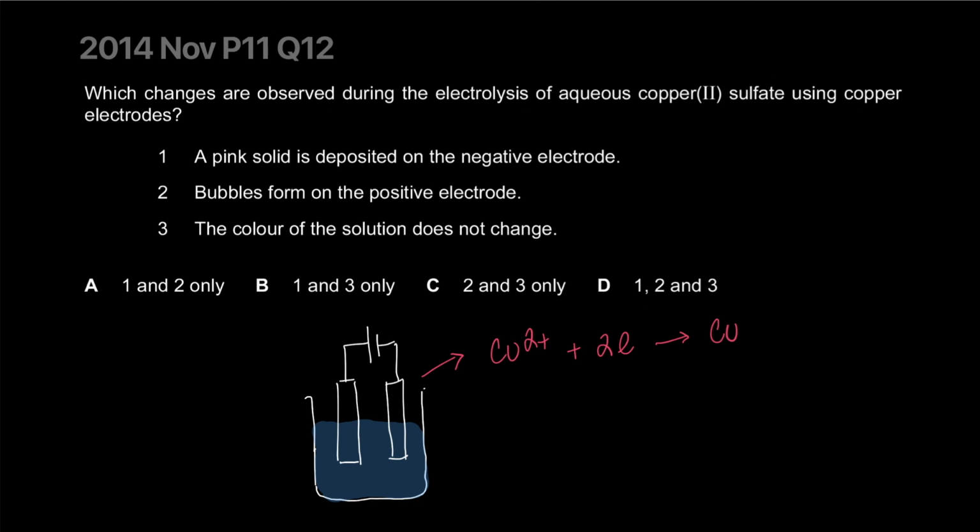Bubbles form on the positive electrode. Well, it could have, but it would actually be at the negative electrode, right? On the positive electrode, the copper metal is actually losing electrons to form copper ions and electrons.